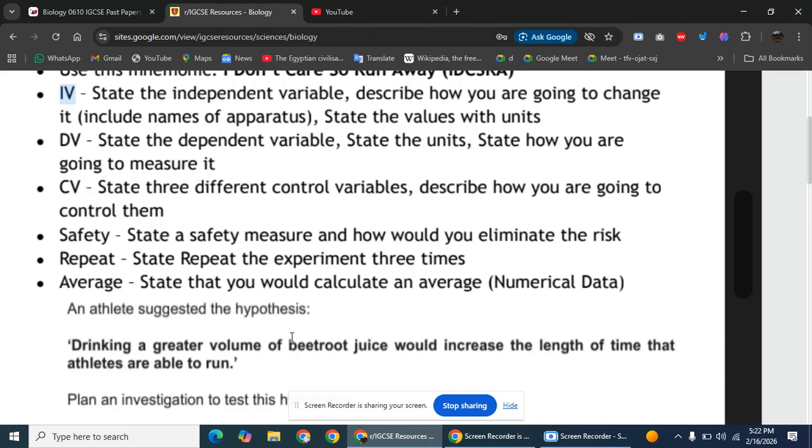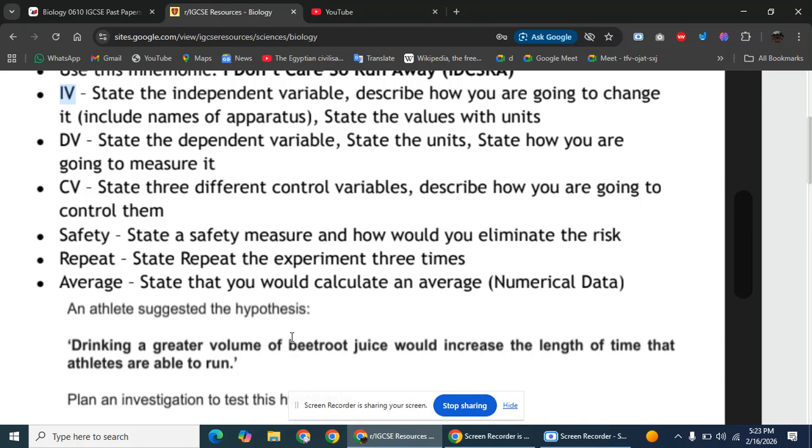That is what you're going to keep changing, using a measuring cylinder. Then the dependent variable, the length of time that athletes are able to run, which you measure.